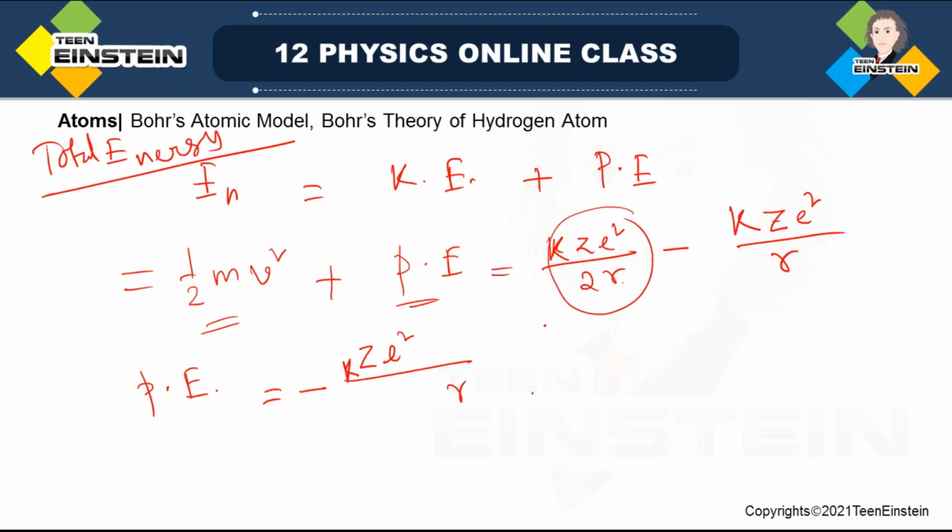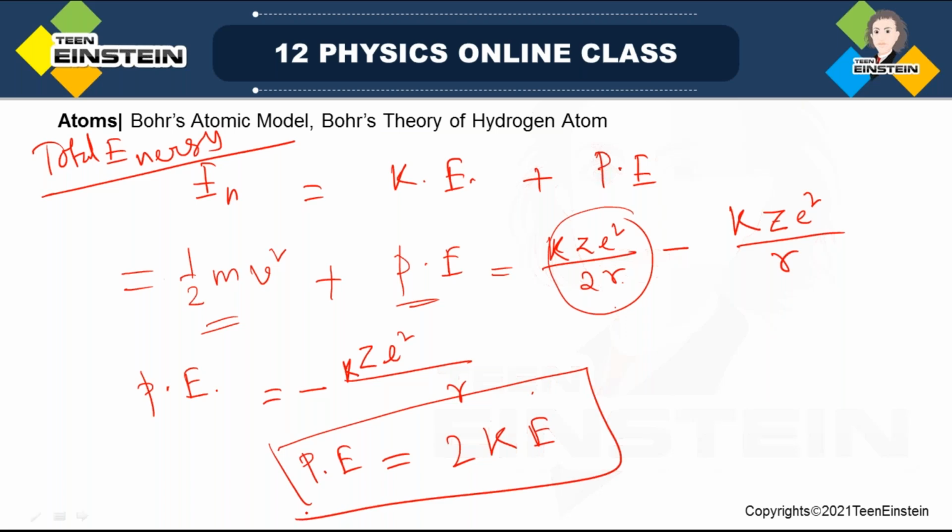Look here, the kinetic energy is k Z square by 2r, whereas the potential energy is actually 2 times the kinetic energy.